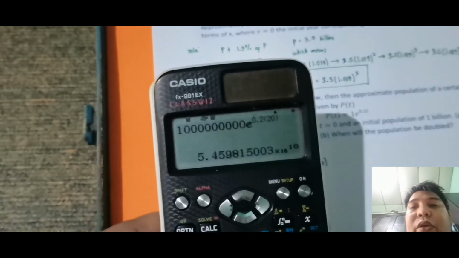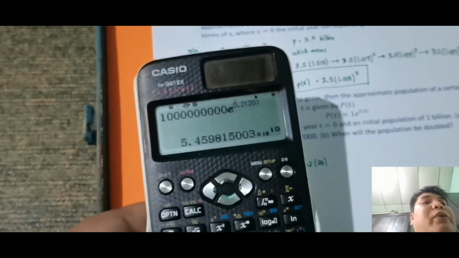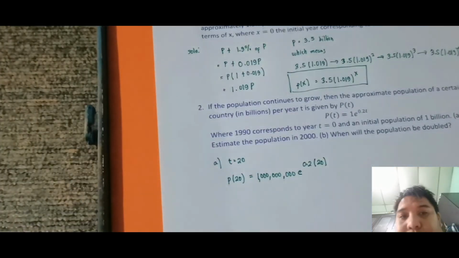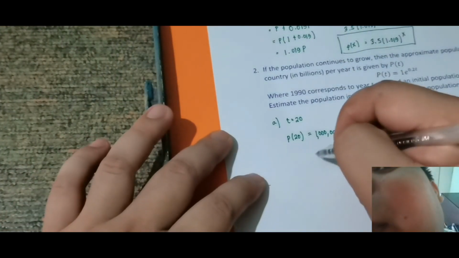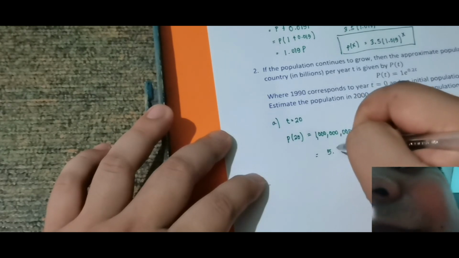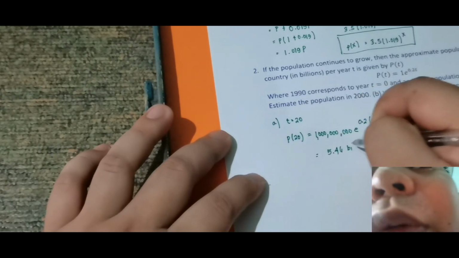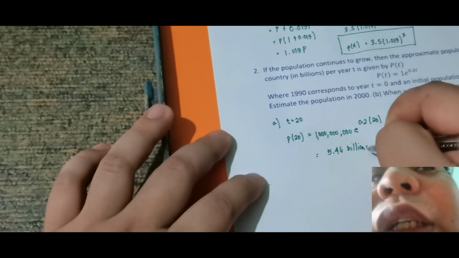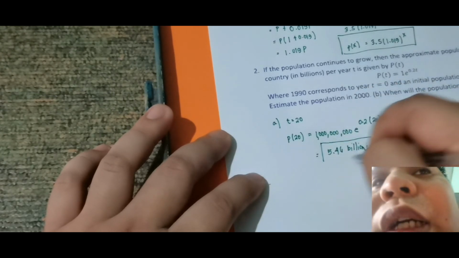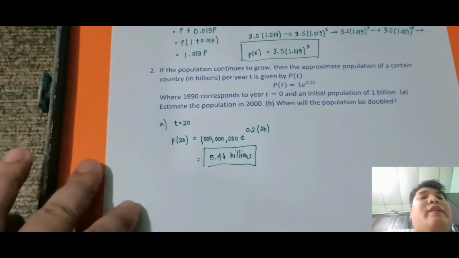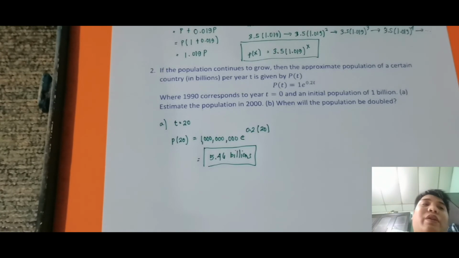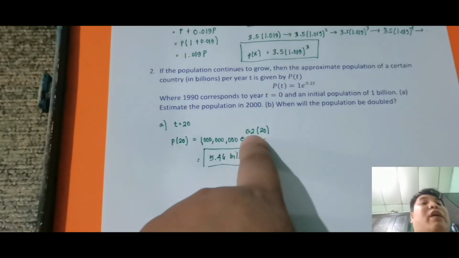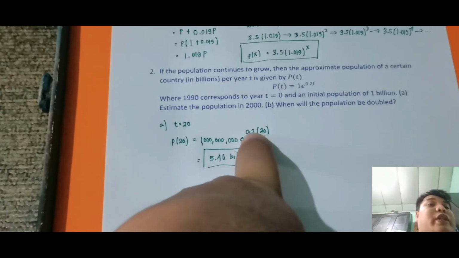So that is simply 5.4 something, 5.45 or 5.46 billion. So this is just equal lang sa 5.46 billion people after 20 years. Imagine mo, no? Anak na lang sila ng anak. So ganoon yung growth rate. Imagine mo 20% yung growth factor. So yung 0.2 represent 20%.